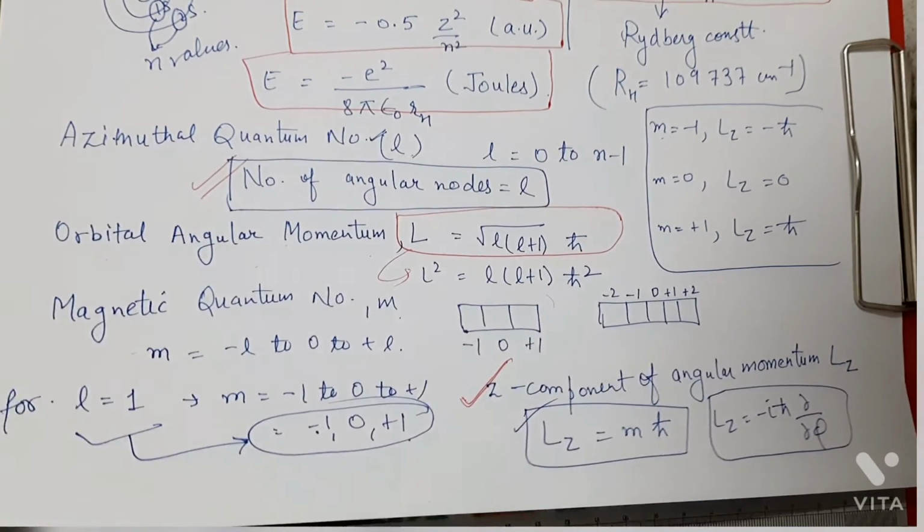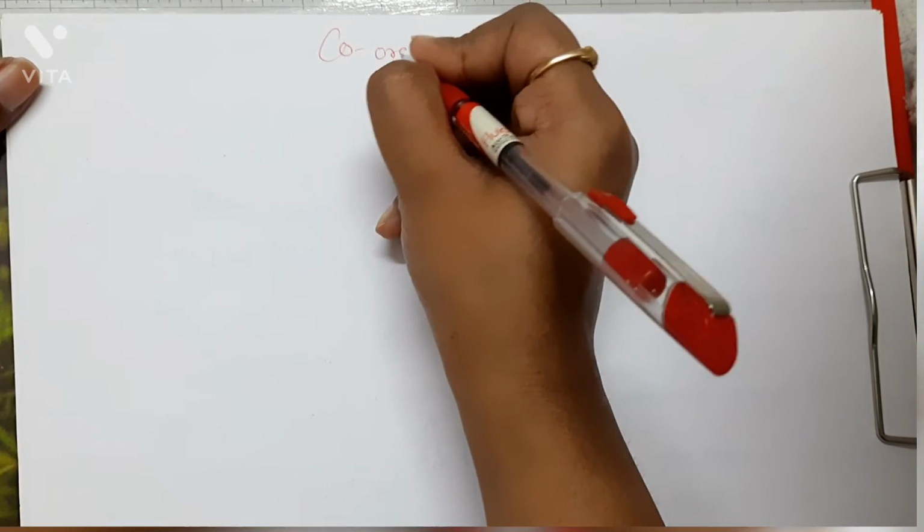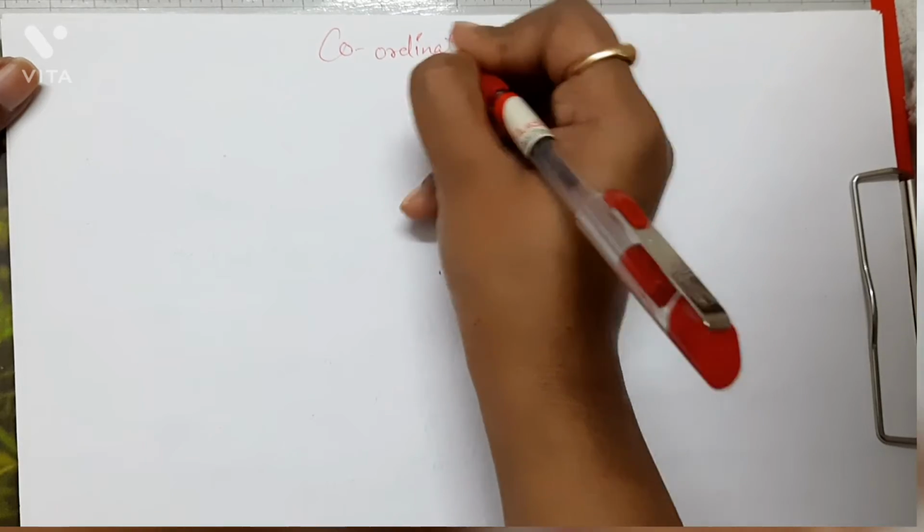Now moving ahead. Before starting hydrogen atoms, we need to know a little bit about the coordinate systems. So we are going to discuss a little bit about the coordinate systems.